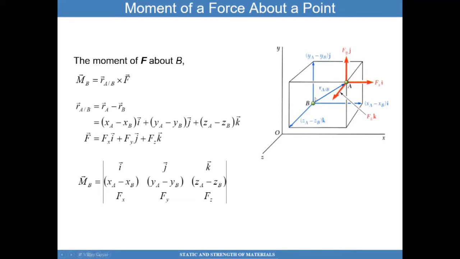That'll be XA minus XB, that's this component here, YA minus YB, and then ZA minus ZB. That will give you the position vector that goes from B to A. Now, the force components are these ones. And so now all you have to do is calculate the moment by creating this cross product.